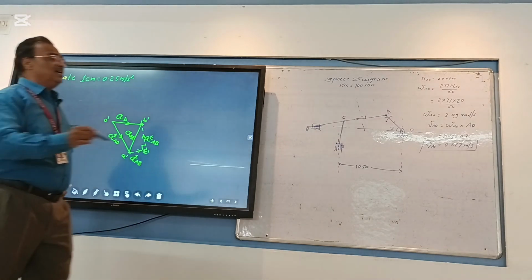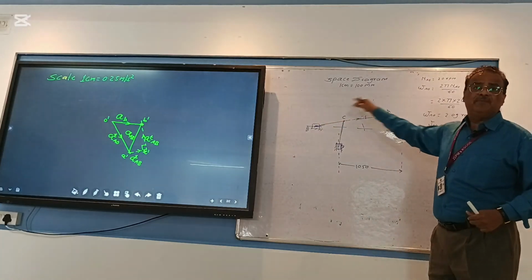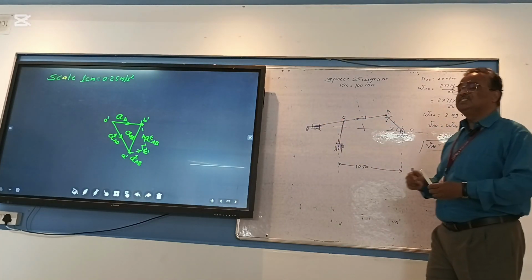Now similarly, unless you are locating the C point which is on link AB, again you have to follow the same process.